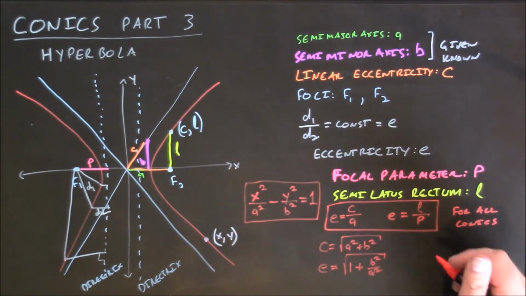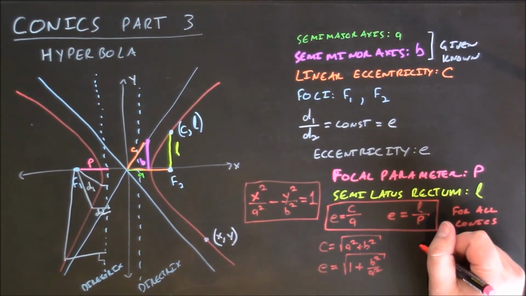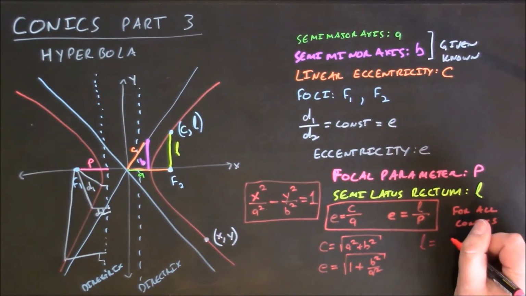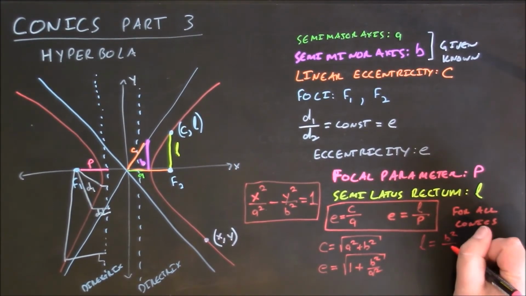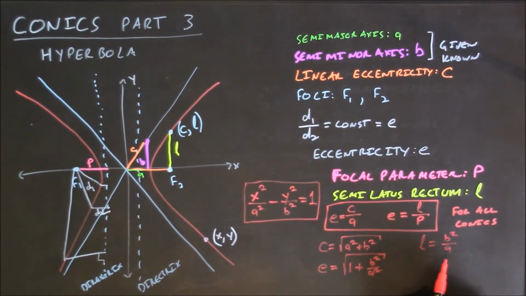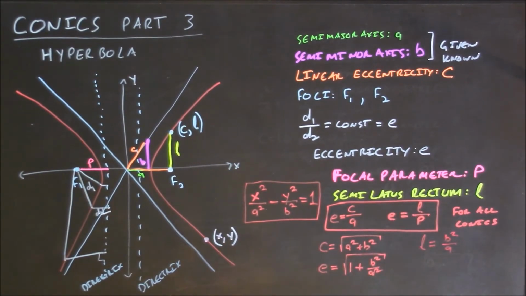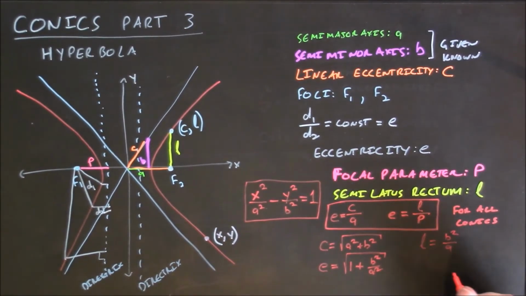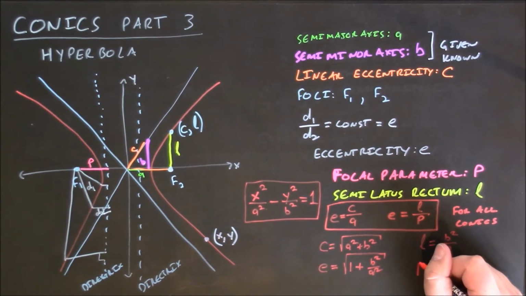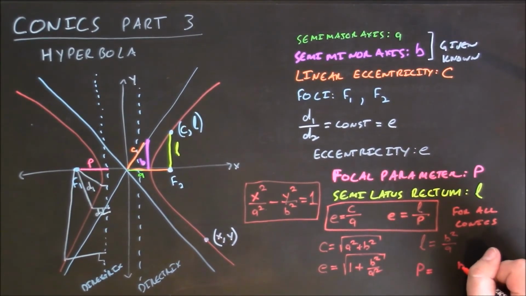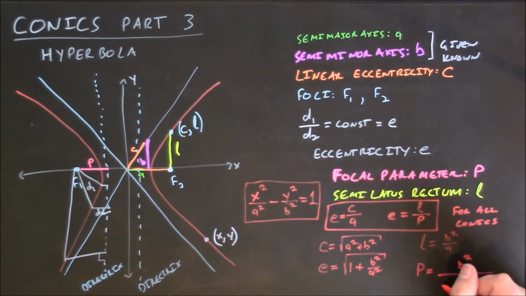Now, without doing all the math here, that equation ends up being L is equal to b squared over a. Now we could very easily take this and plug it into this equation for eccentricity and find out that the focal parameter p is equal to b squared over the square root of a squared plus b squared.